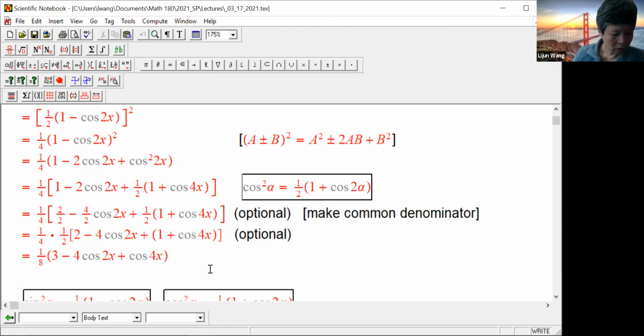And all of the rest of the examples, so you have number 4, number 5, number 8, number 9.